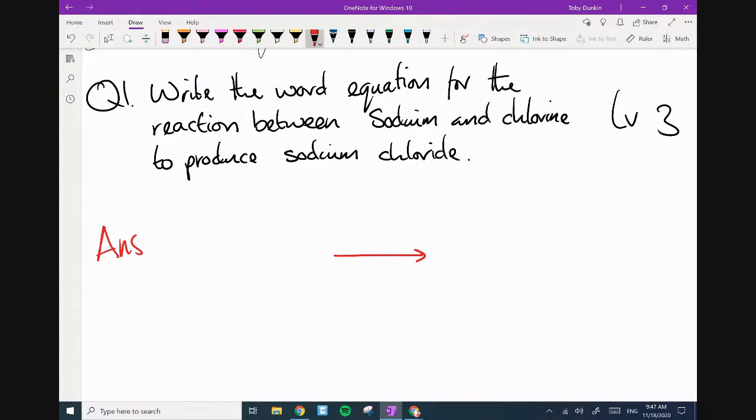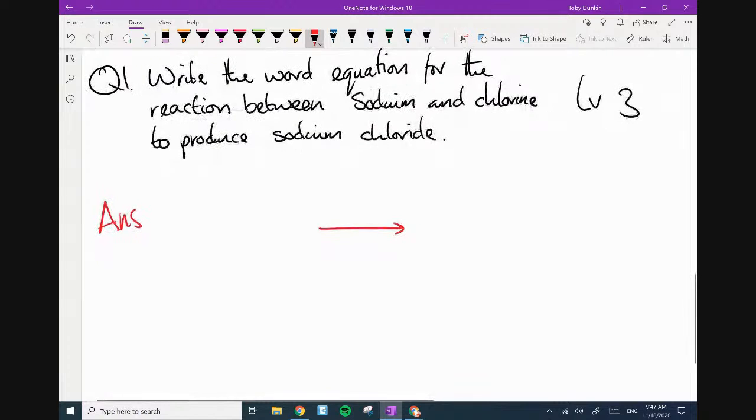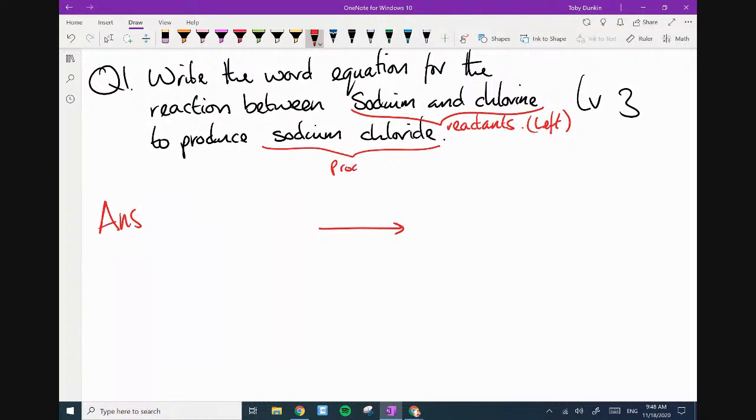Recognizing that the sodium and chlorine are reactants. This is low level. So these guys, of course, recognition that these are reactants, and they're therefore going to go on the left. And they're testing to understand that this is our product, and it's going to go on the right. That's all they're doing in this question.